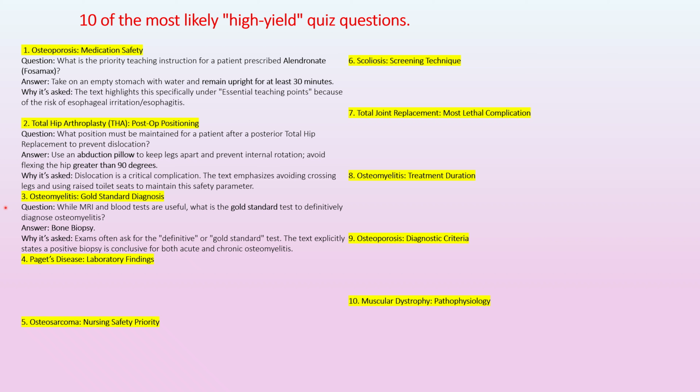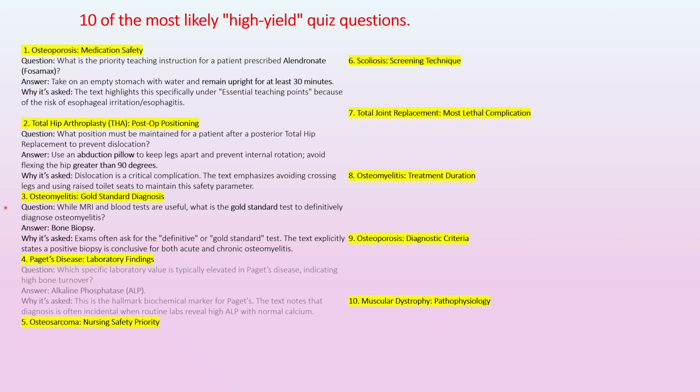Four, Paget disease laboratory findings. Which specific laboratory value is typically elevated in Paget disease, indicating high bone turnover? The alkaline phosphatase.